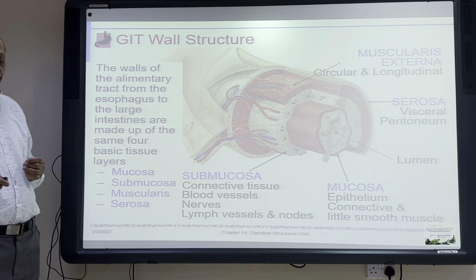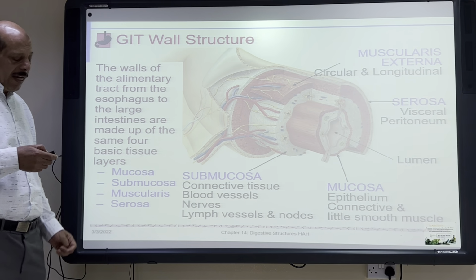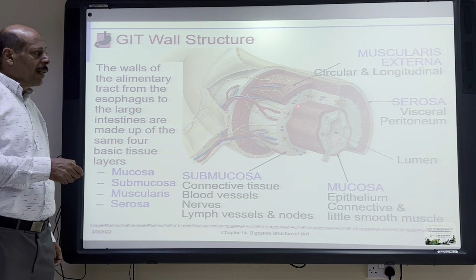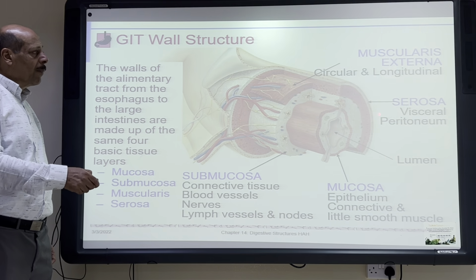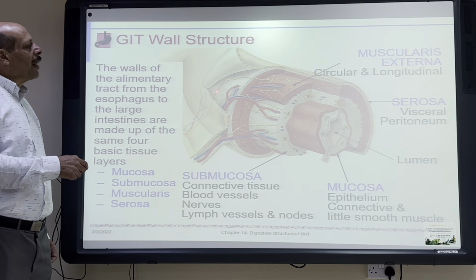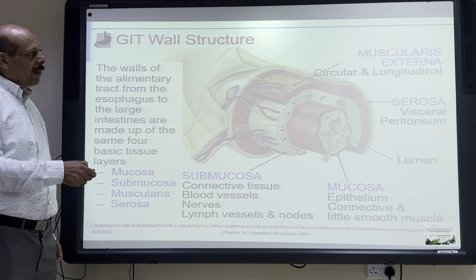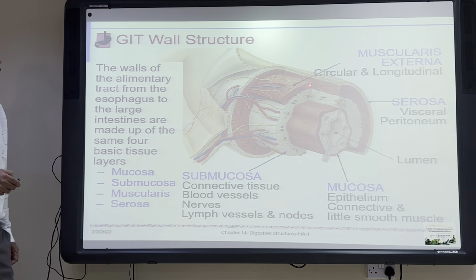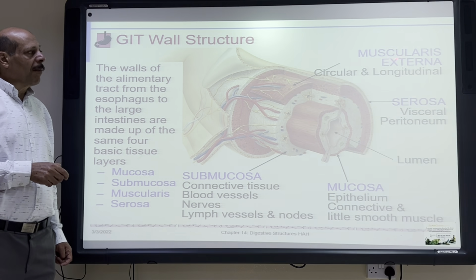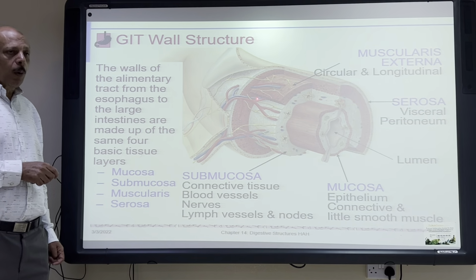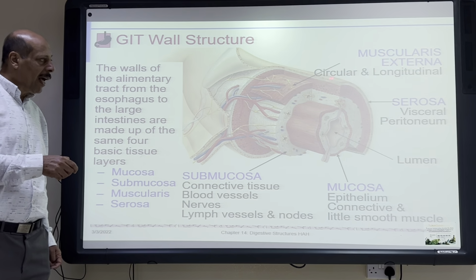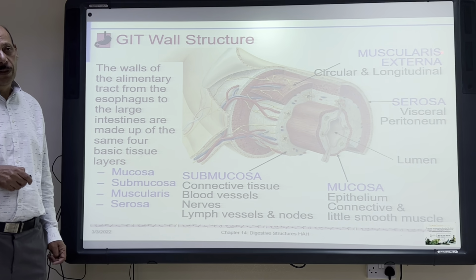So those are the structures, starting from inside: the mucosa, then the submucosa, then the muscular layer or muscularis, and then the serosa. The muscular layer also has two layers of muscles, one circular and the other longitudinal.